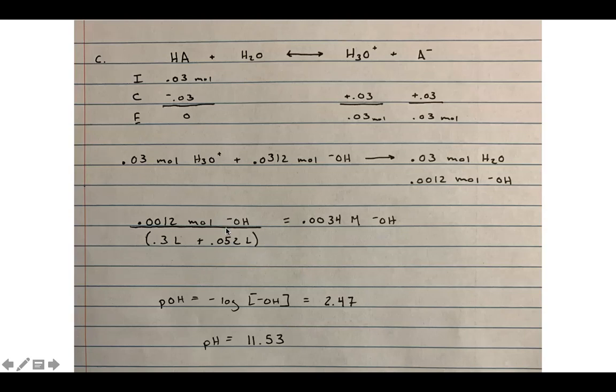When you do this division, you find that the concentration of hydroxide is 0.0034 molar. Once you have your concentration of hydroxide, you can find your pOH by taking the negative log of that value, which would come out to 2.47. And then we can use our relationship between pOH and pH, right? They always add together to make 14, to find that our pH is 11.53.